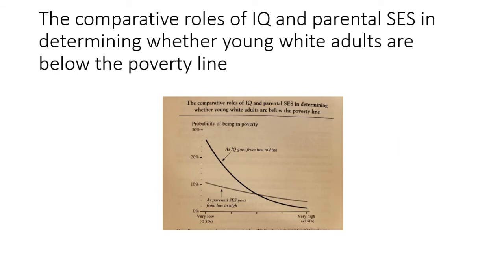This kind of shows, would you rather be really, really poor or really, really dull? And you wouldn't want to be either of them, but it seems like having at least an average IQ can protect against being in poverty, even if you were of a low socioeconomic status.